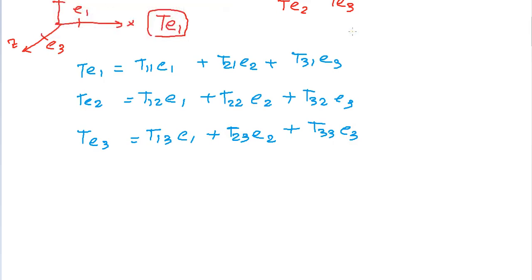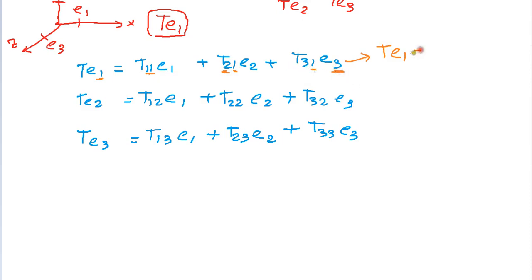So in short form, in compact form, how can we write this for the vectors? We write T e1. Here the second index of T is 1 and 1, which is equal to the index of e1, right? And the first index of T is 1, 2 and 3, which is equal to the index of e here, right?